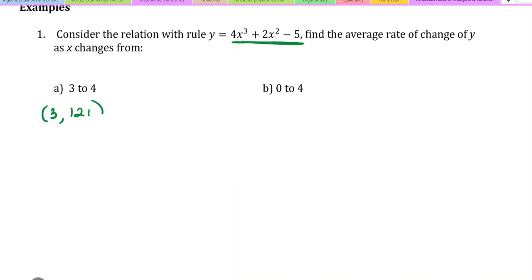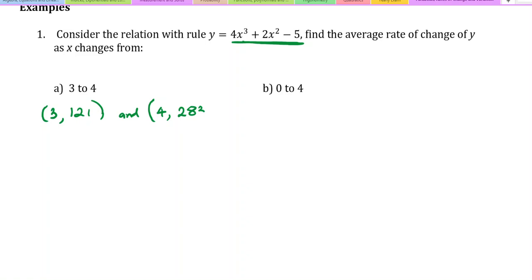Then we sub in that x is equal to 4 for our second point. So 4, comma, and go to your calculator again and type in 4 times 4 cubed plus 2 times 4 squared minus 5, and you will get 283. So those are the 2 points that we want to use.